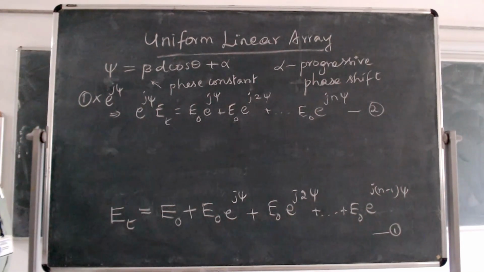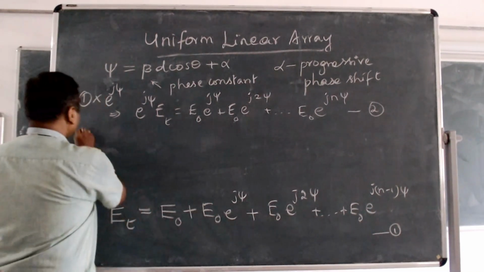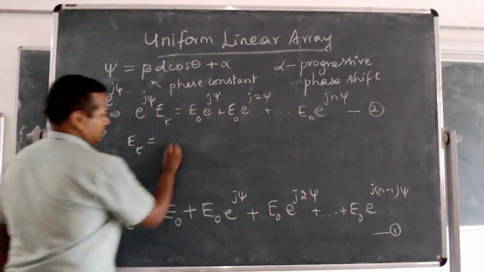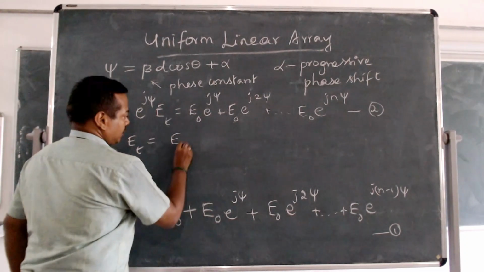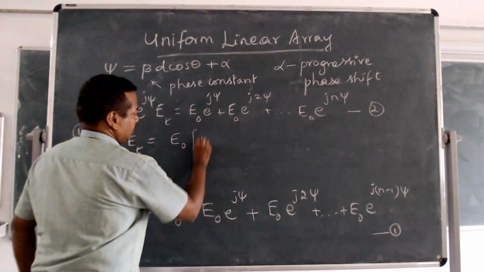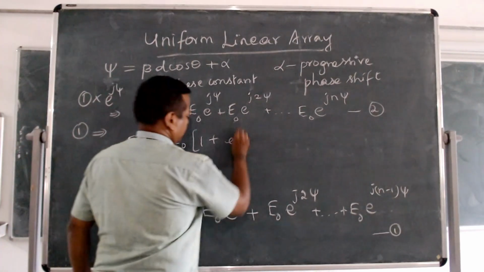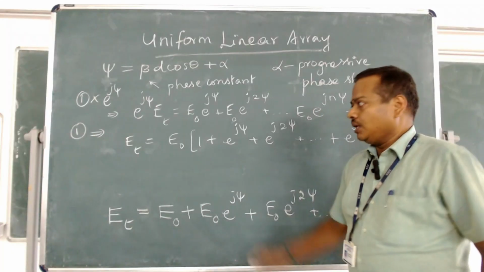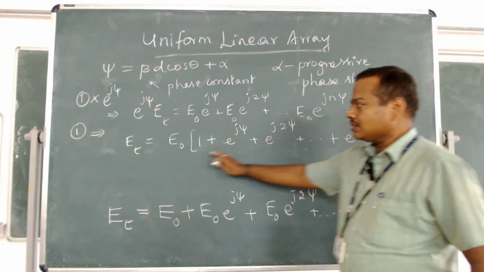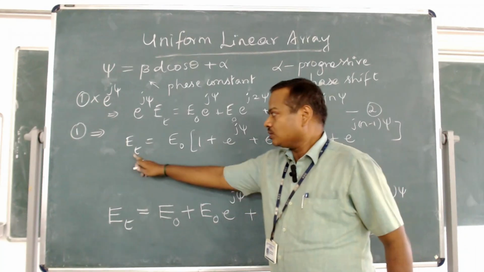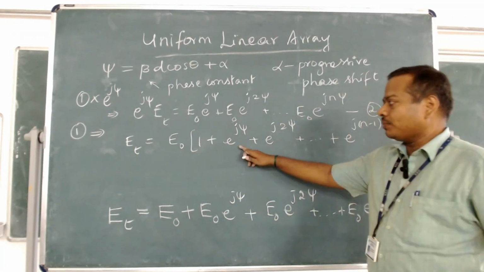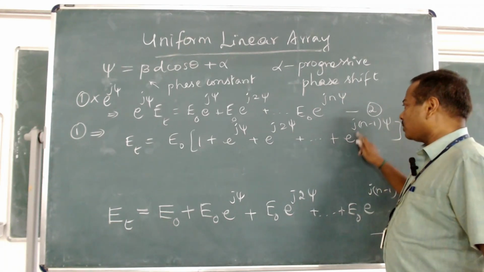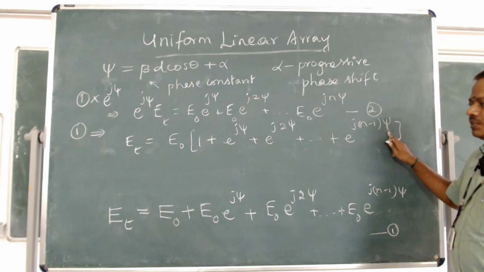Equation 1 can be rewritten by taking E naught as common outside. So Et is equal to E naught into 1 plus e power j psi plus e power j 2 psi plus etc. plus e power j (n minus 1) psi.